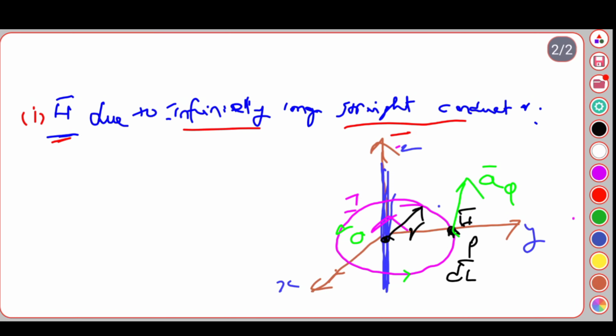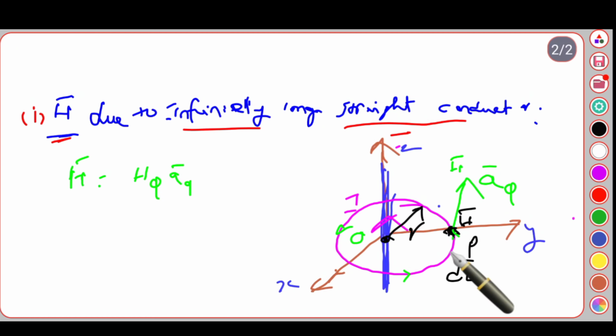The magnitude of H bar depends on r and is always tangential to the closed path. That is a phi. So H has only one component, in the a phi direction, that is H phi. We can write H bar equal to H phi a phi.